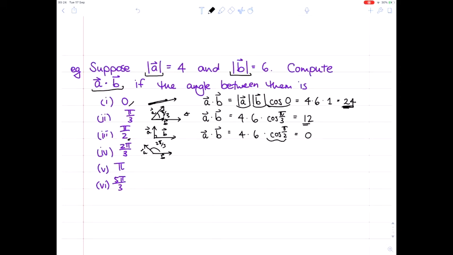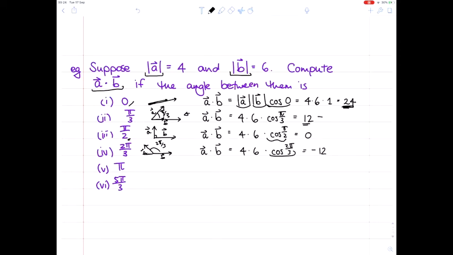So now A is pointing somewhat away from B and also somewhat in the opposite direction of B. Let's see how the dot product changes. So we've again got 4 times 6, and we've got the cosine of 2 pi over 3. If you plug that into your calculator, you'll find that that's minus a half, and so we get minus 12.